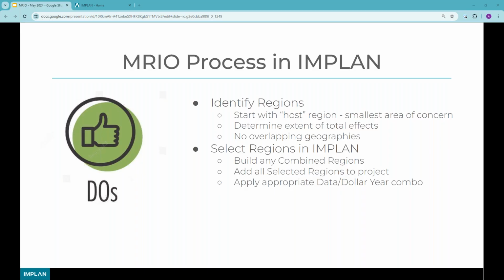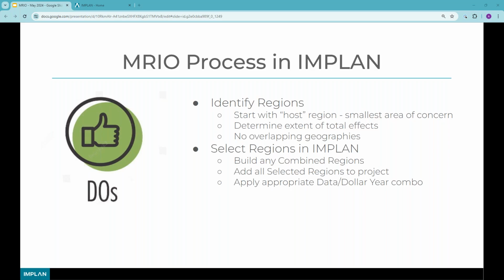In the MRIO analysis, you are only allowed to use one data dollar year combination. It will not allow you to have dollar year 2025 and dollar year 2024 in the same analysis. If you need to look at an MRIO across time, across multiple years, you're going to have to set them up as separate projects in IMPLAN.